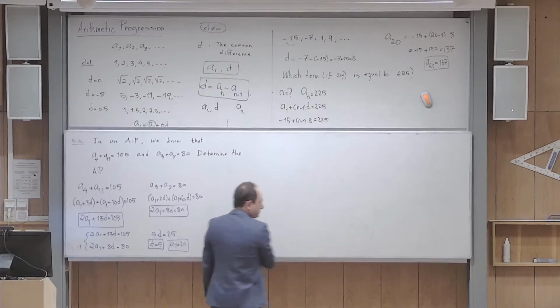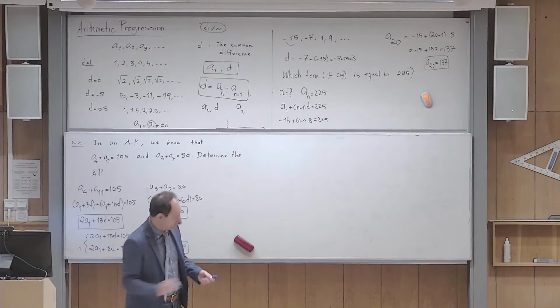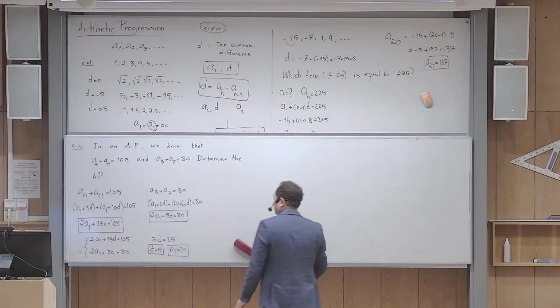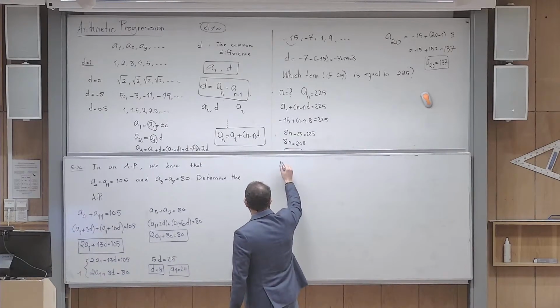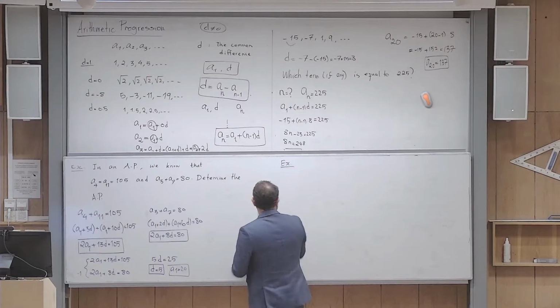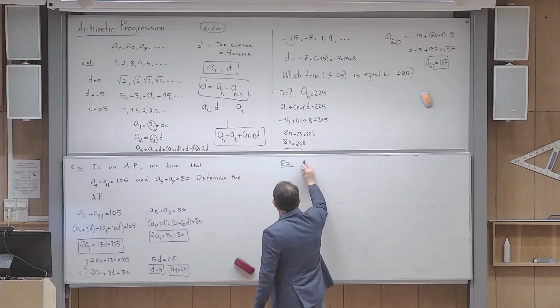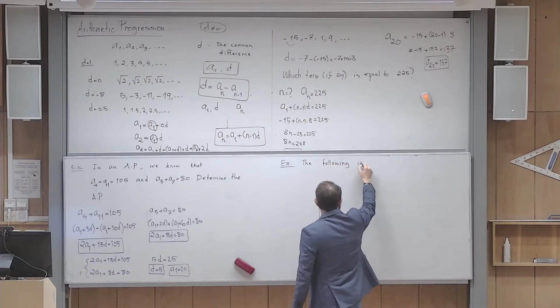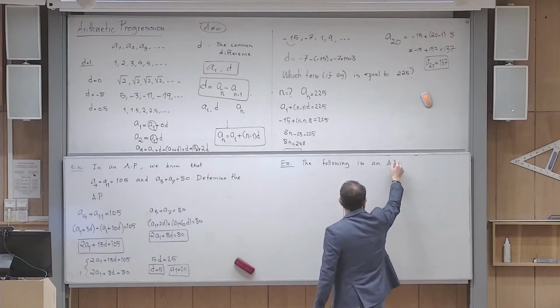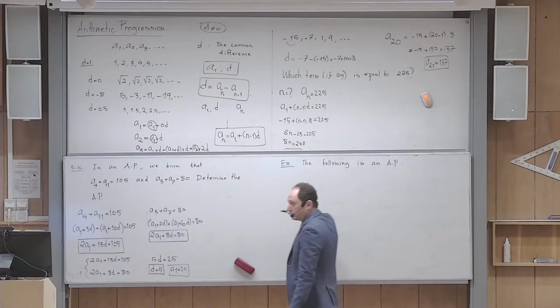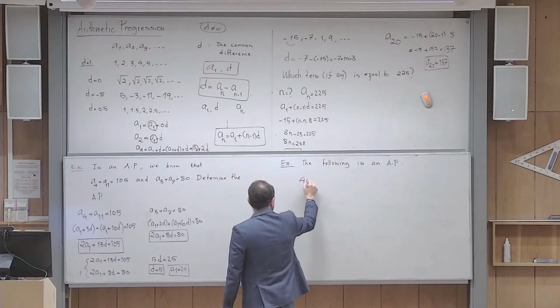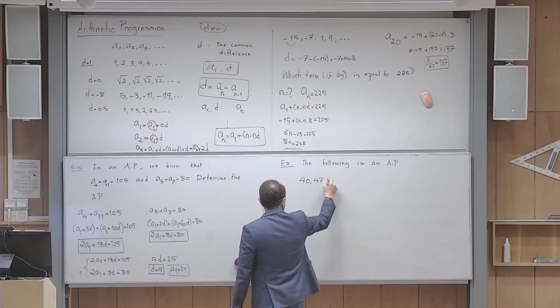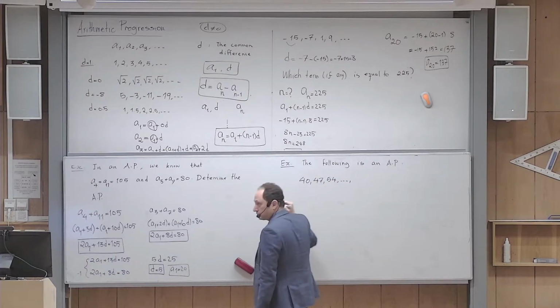Another example is simple, but it is good to know. The following is an AP. The numbers are 40, 47, 54, up to 208.